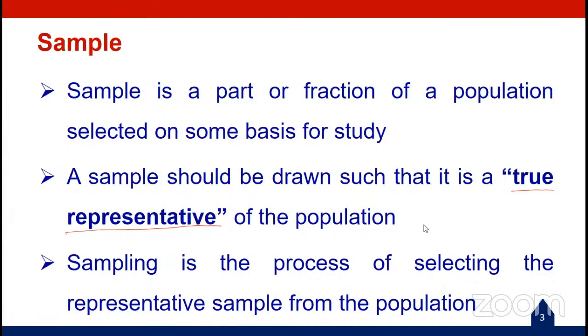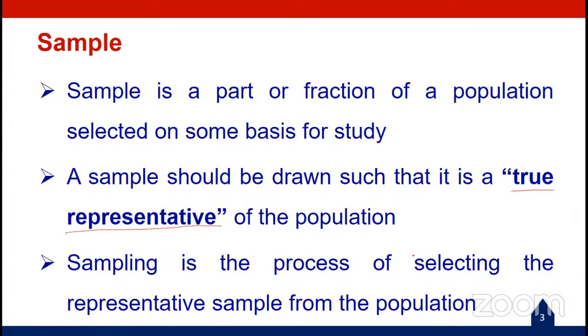It should represent a population. And as I already mentioned, sampling is the process of selecting a representative sample from the population. Sampling is a process, and a sampling method is a method which is used to select the sample from the target population.